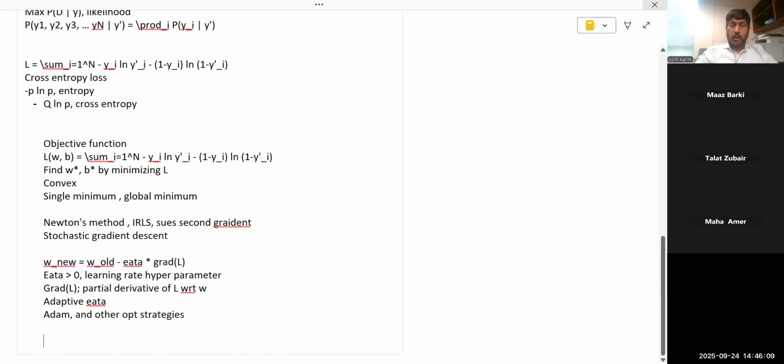ठीक है. So any questions here so far? लॉस फंक्शन समझ आ गया? Because loss function is used almost everywhere, almost universal. Very few other applications would have a different loss function.